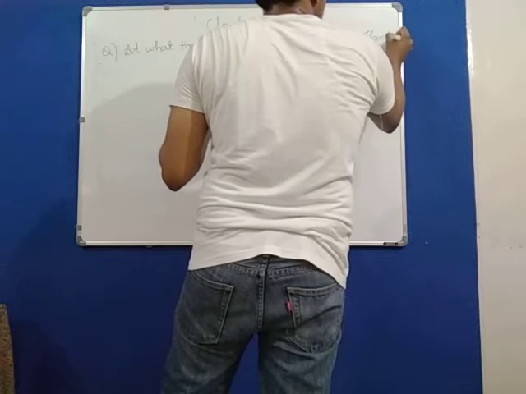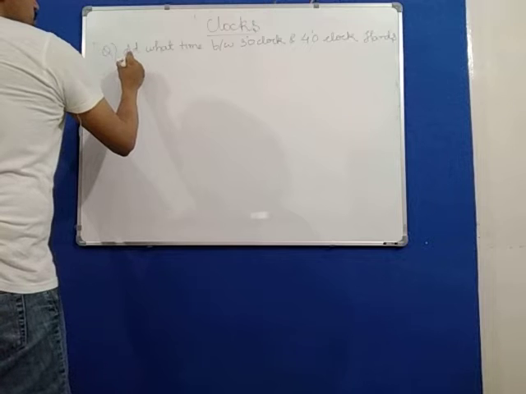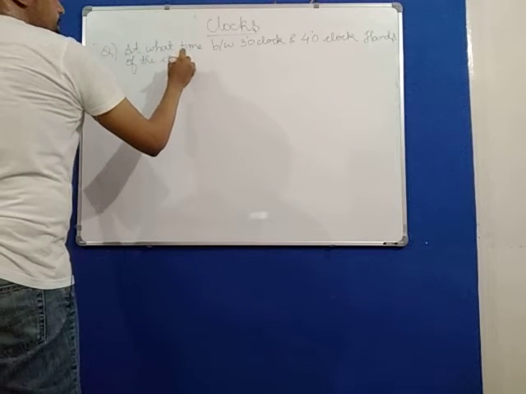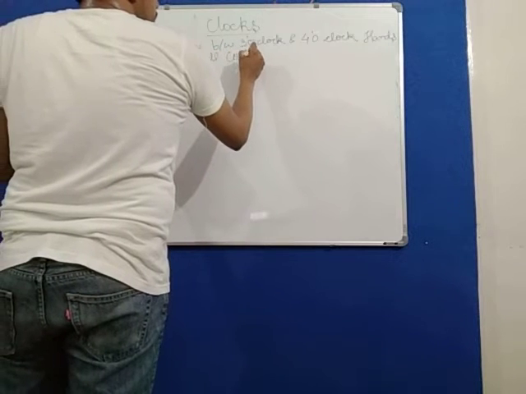We have to find the time between 3 o'clock and 4 o'clock when the hands of the clock will coincide.